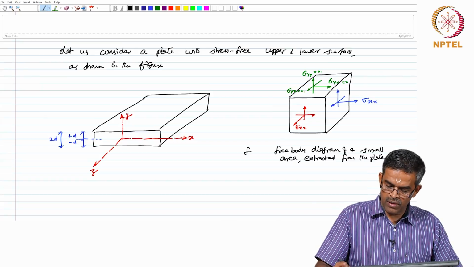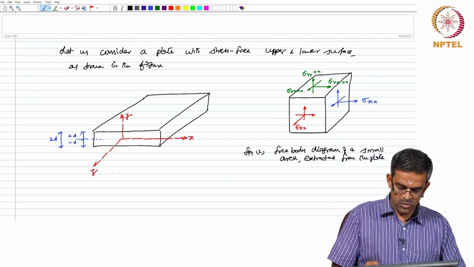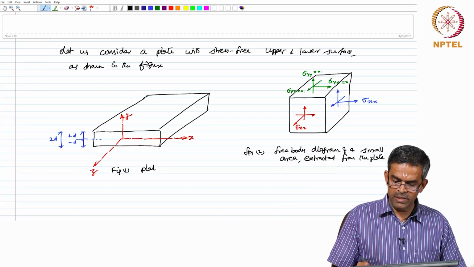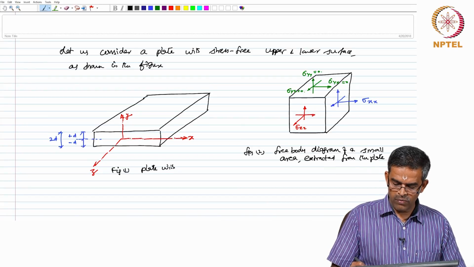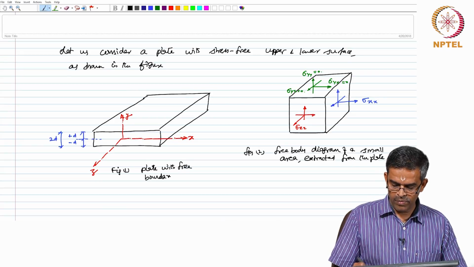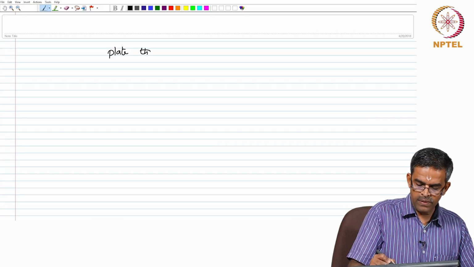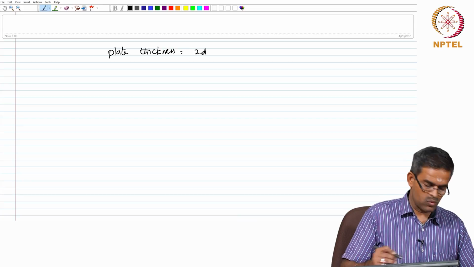That is this figure, let us say figure 2. Figure 1 considers a plate with free boundary. Plate thickness is 2D.